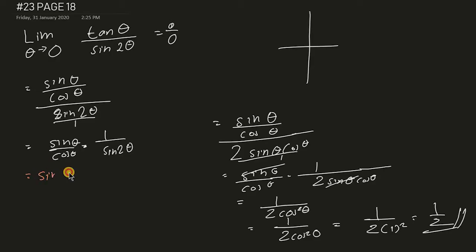Yung matitira dito would be sin theta over 1 times 1 over sin 2 theta. Ngayon, guys, itong cosine, hindi yan mawawala. Nilagay ko lang dyan. Paghihiwalayin ko lang sila para mas ma-visualize nyo paano yung gagawin natin. So, basically, kapag pinag-multiply mo lahat yan, babalik ka rin dyan. What I just did was to separate them para mas madaling ma-visualize.